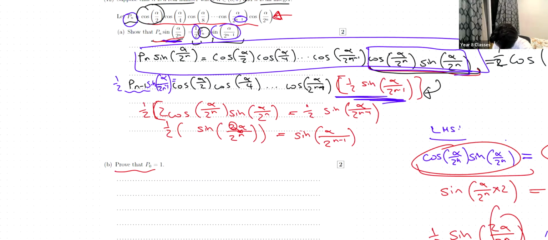Okay, I have an n minus 1, so I'll let that be 0. So P1 sine alpha on 2 equals a half P0 sine alpha on 2 to 0. So P1 sine alpha on 2 equals a half P0 sine alpha.